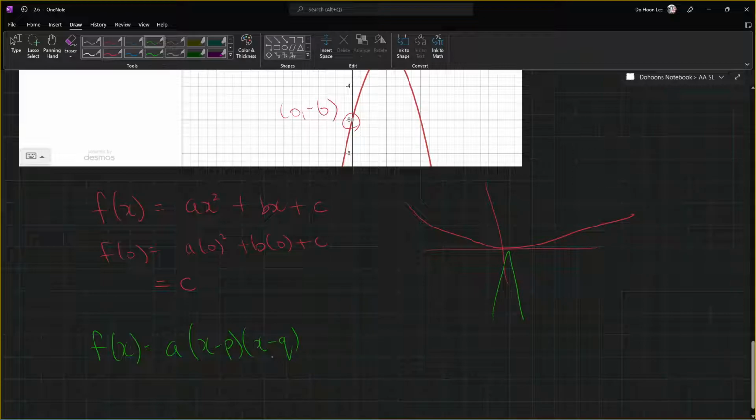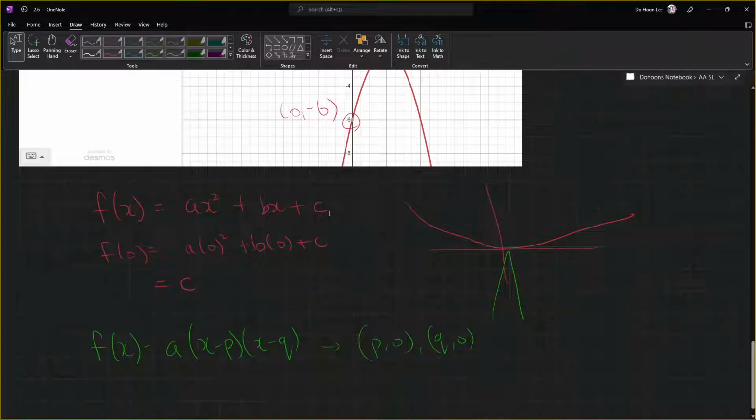Simple. They're just (p, 0) and (q, 0). However, it is important to note that the factored form is not always accessible. First, there have to be real roots of the function, and second, they have to be simple numbers or rational numbers. Otherwise, things get complicated. Remember one thing, that the coefficient of individual x should be 1.